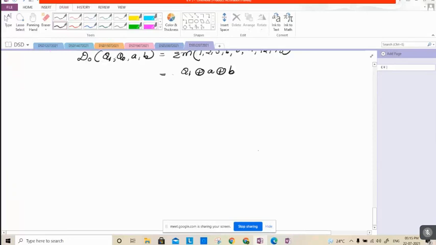So 2 D flip-flops are to be taken here. Let this be flip-flop D0, Q0, Q0 bar, a positive edge triggered D flip-flop.